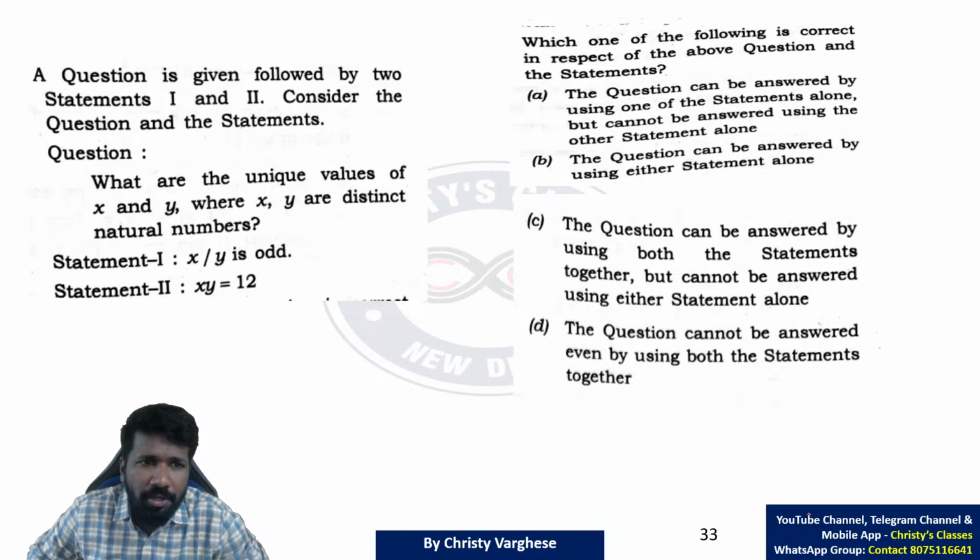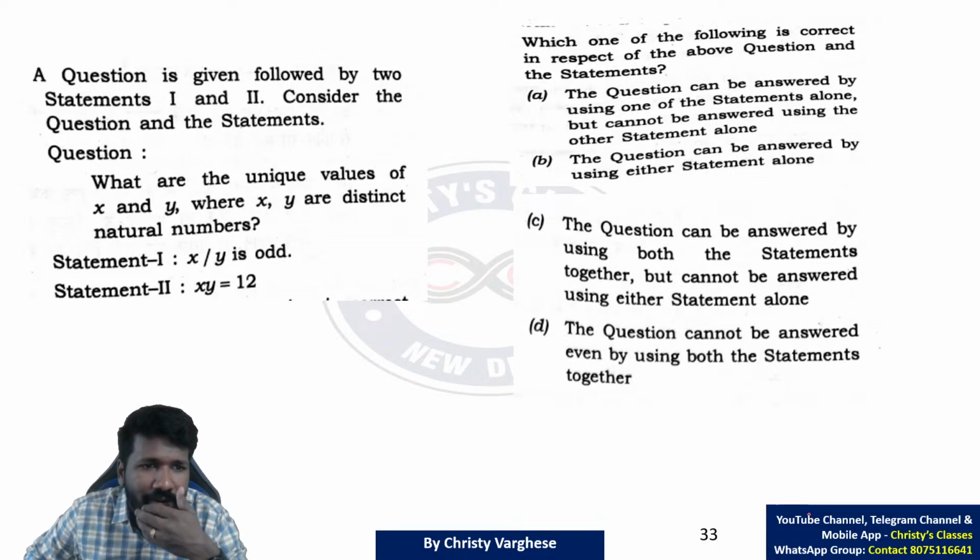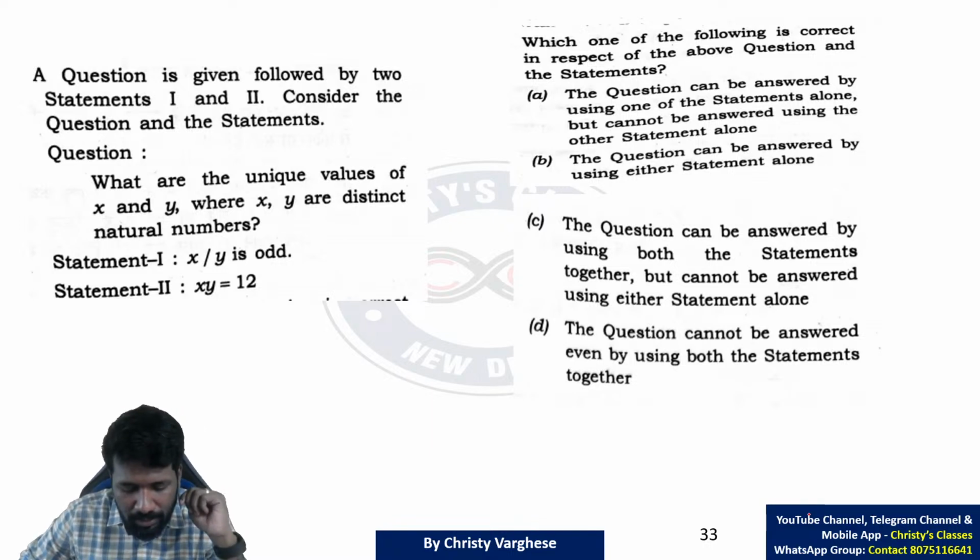A question is followed by two statements 1 and 2. Consider the question and the statements. What are the unique values of x and y, where x and y are distinct natural numbers? Distinct, that means different natural numbers.